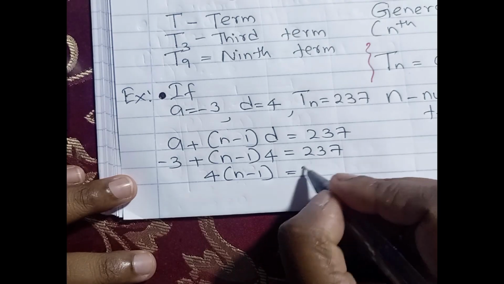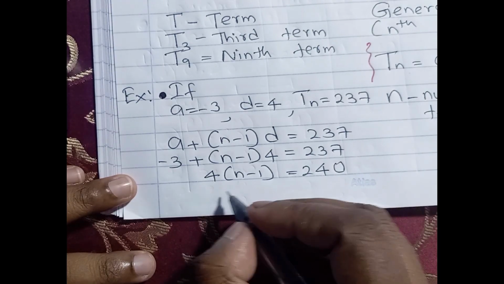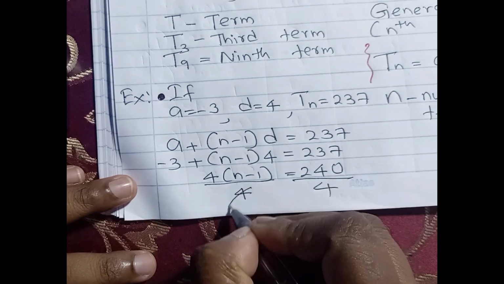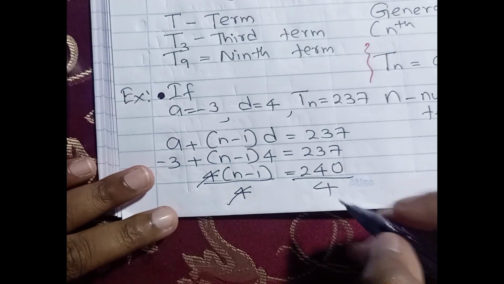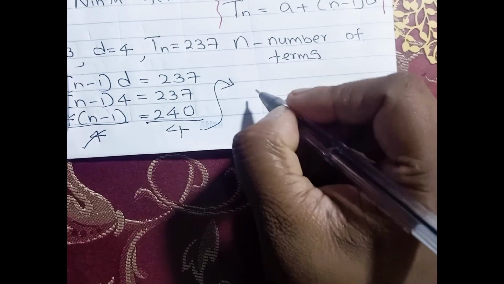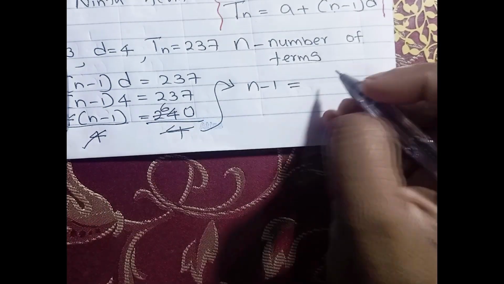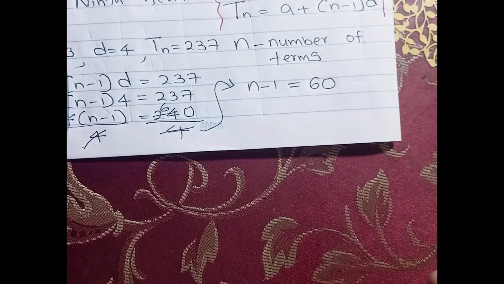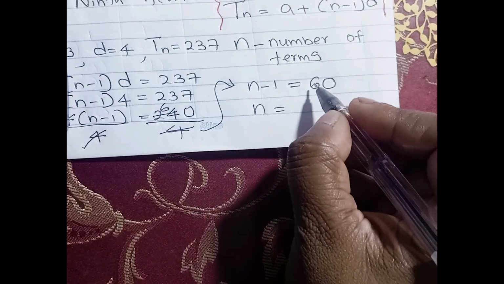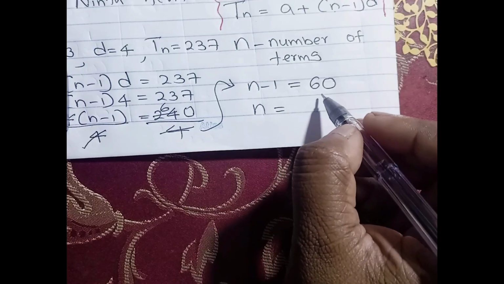237 plus 3 means 240. To remove this bracket, both sides you can divide by 4. So 4 and 4 cancel out. Then n minus 1 equals 240 divided by 4, which is 60. So n equals 60 plus 1, since when you take minus 1 to the other side of the equal mark it becomes plus 1.